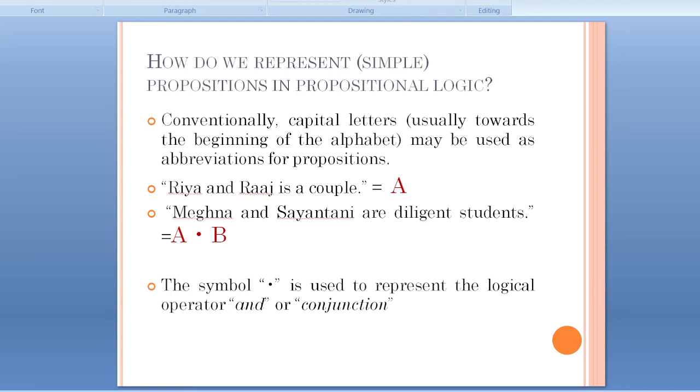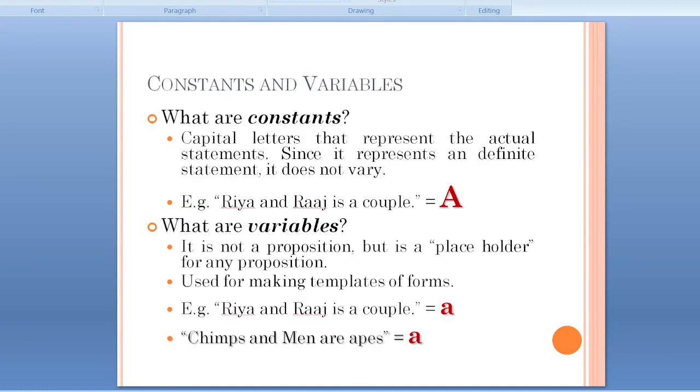So this is symbolic logic, and there are constants and variables. What are constants? Capital letters that represent the actual statement, since they represent definite statements. Like Riya and Raj is a couple.